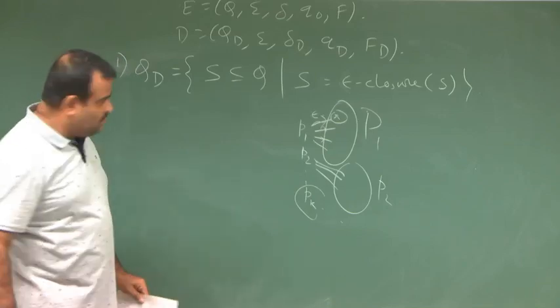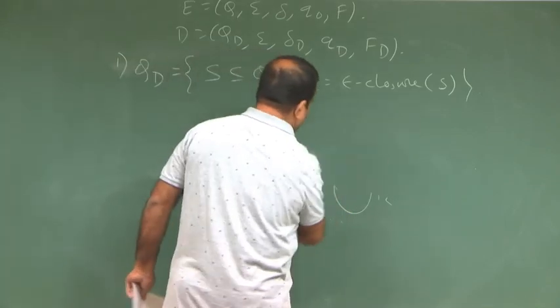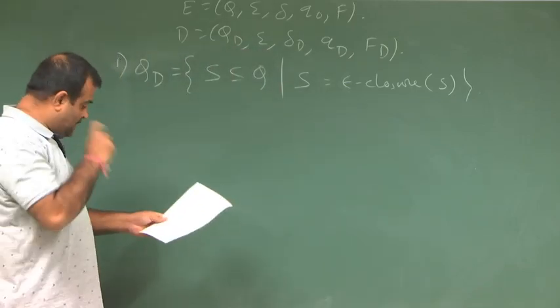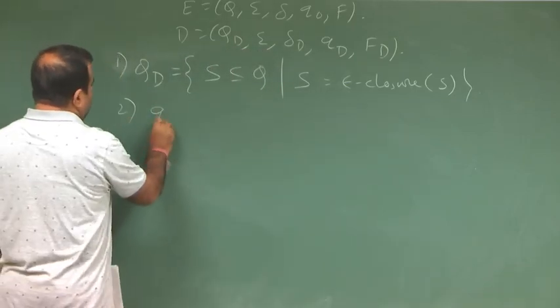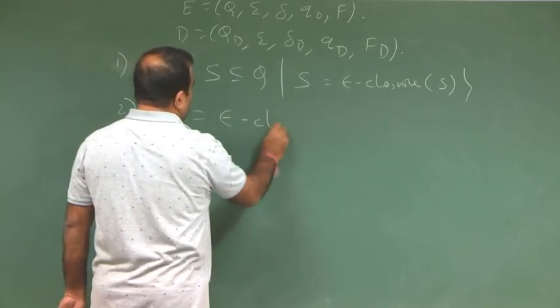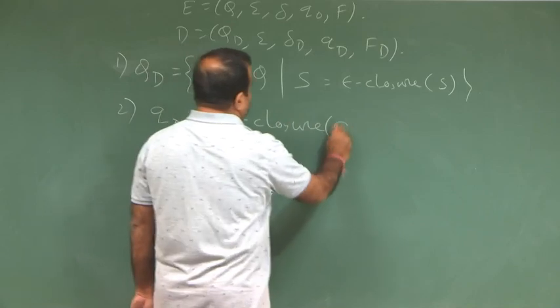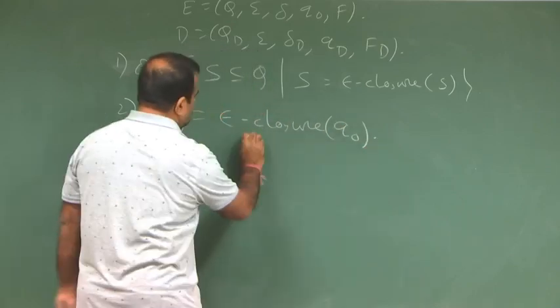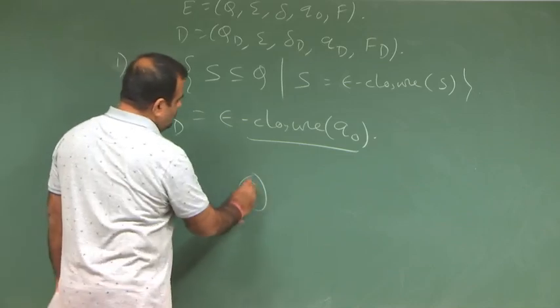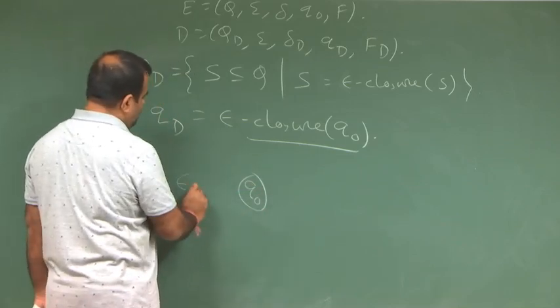Now, this is the QD. Now, we consider the starting state. The starting state is nothing but the epsilon closure of Q 0. This is our Q 0 in the epsilon NFA.